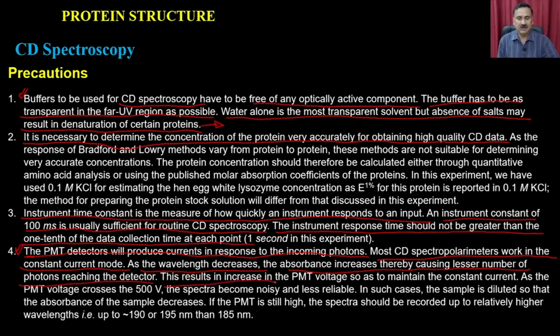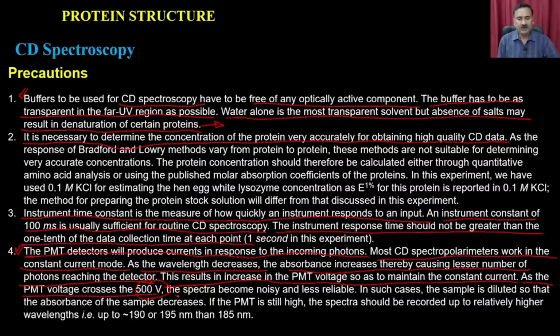This results in an increase in the PMT voltage so as to maintain the constant current. As the PMT voltage crosses 500 volts, it means you are providing the current externally, because the photons reaching the detector are decreasing.